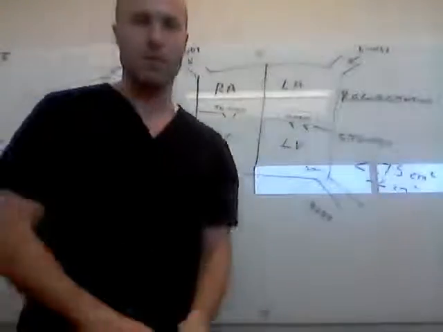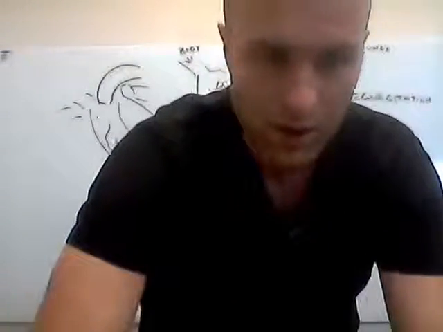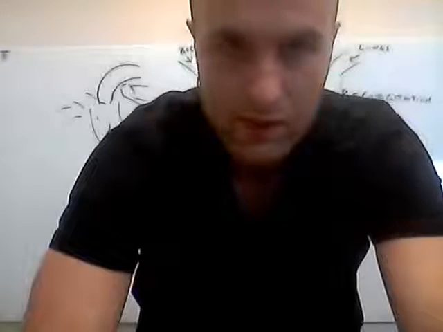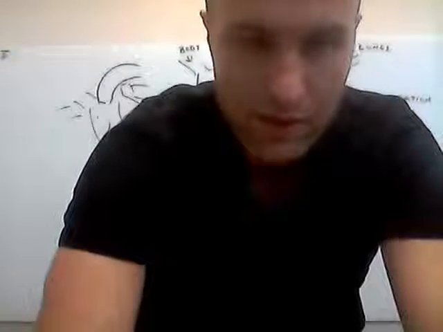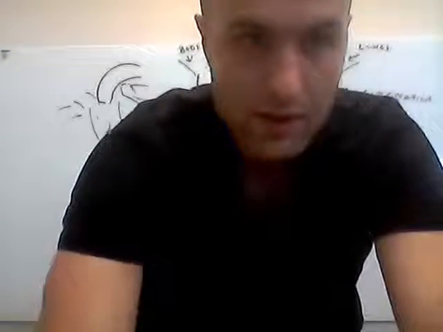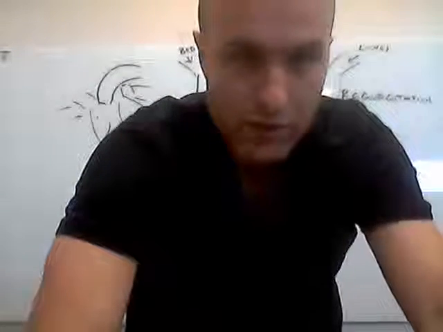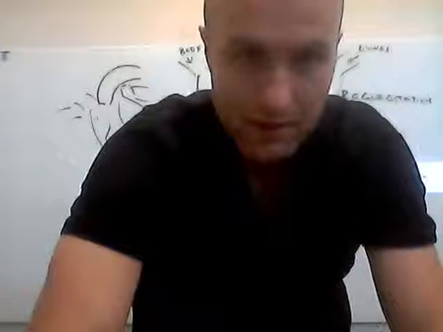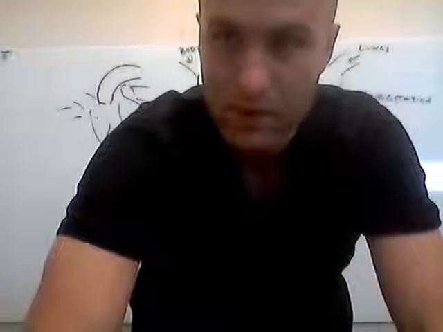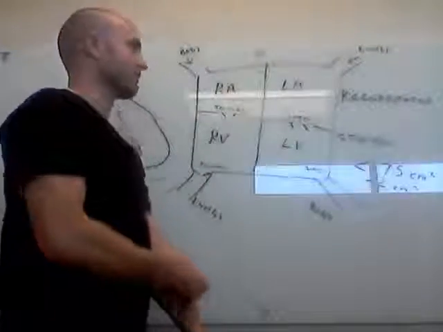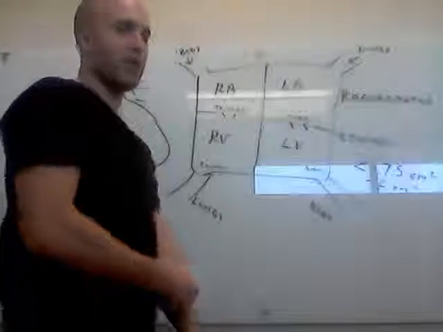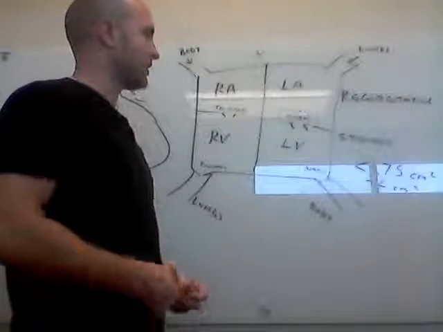So let me double check on ascites. I don't want to say anything incorrect in this video. I've done that in the past. I don't like to do that. So ascites is the accumulation of fluid in the peritoneal cavity causing abdominal swelling. Okay, so they get swelling. They get some fluid accumulated in their peritoneal cavity, and that's ascites.